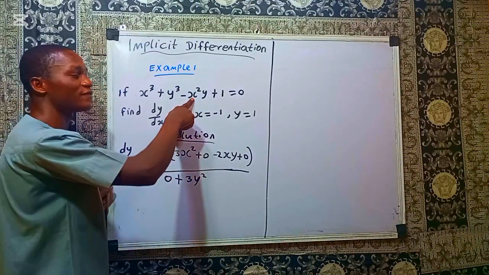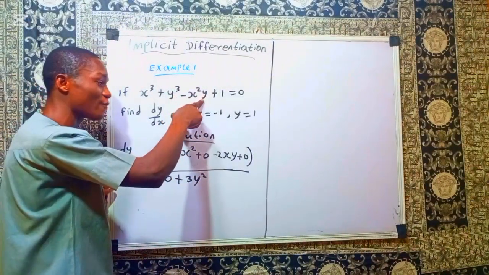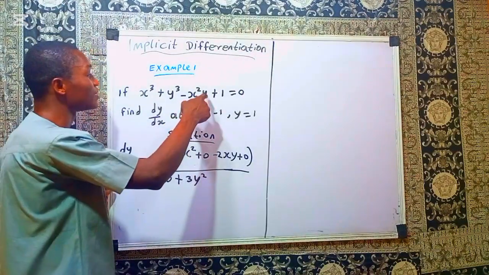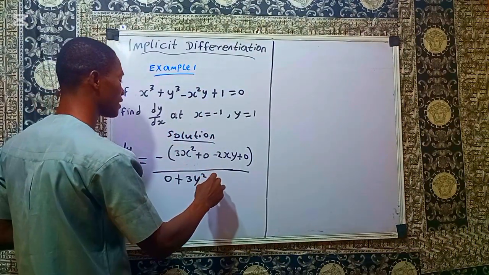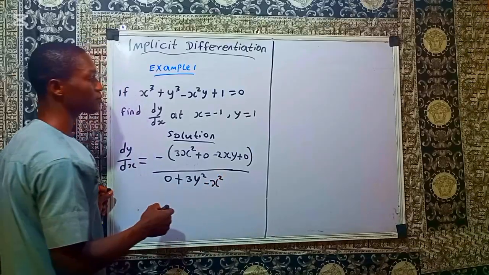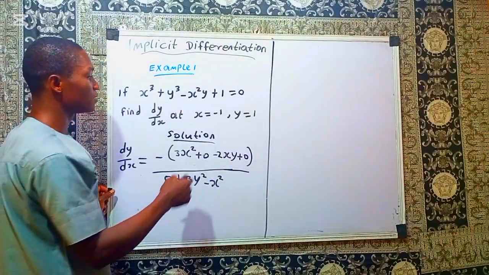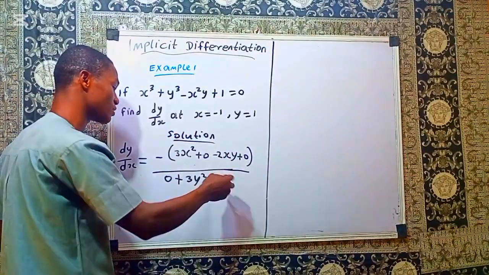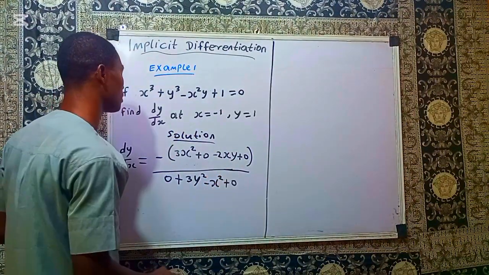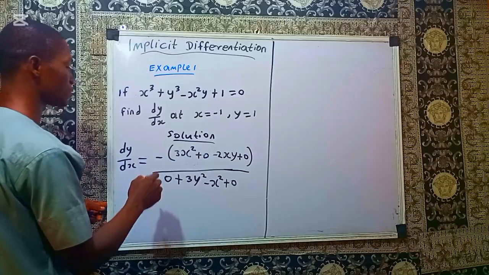Then coming here, if I differentiate minus x squared y with respect to y, you are going to get minus x squared. Then if you differentiate 1 with respect to y, 1 is a constant, you are going to get 0.